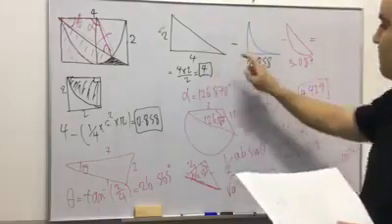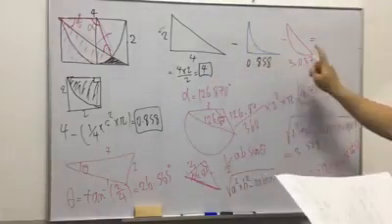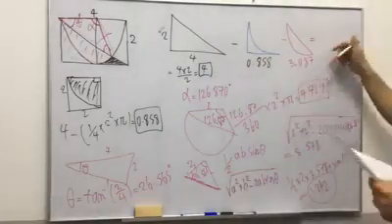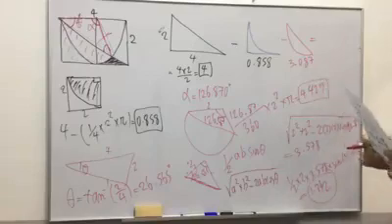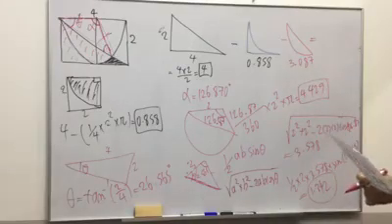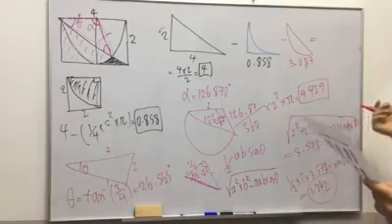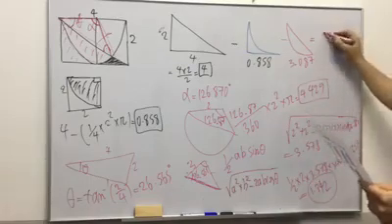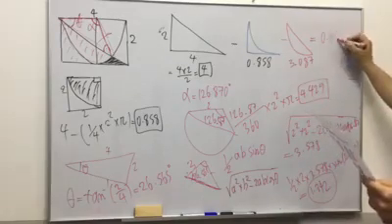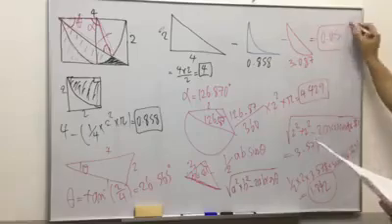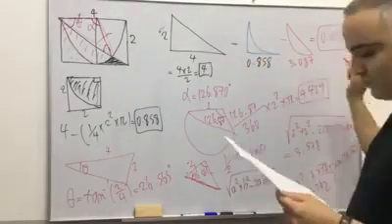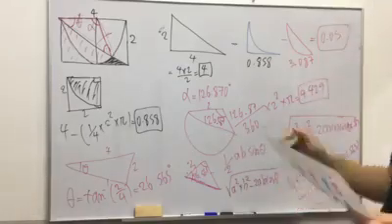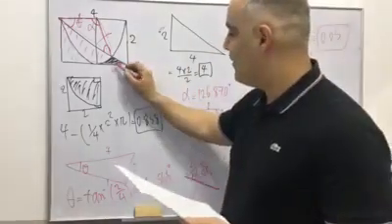Now, 4 minus 0.858 minus 3.087 is our answer, which I haven't written down here, but that's about 0.05 as I remember. Should be something like that. 4 minus 0.858 minus 3.087, and that gives us the shaded area.